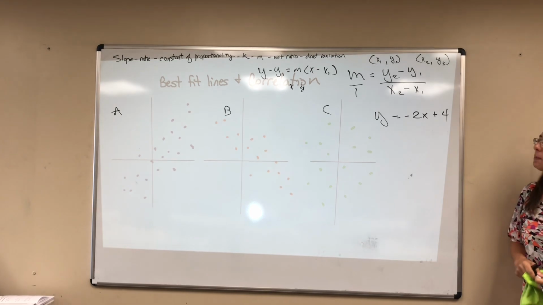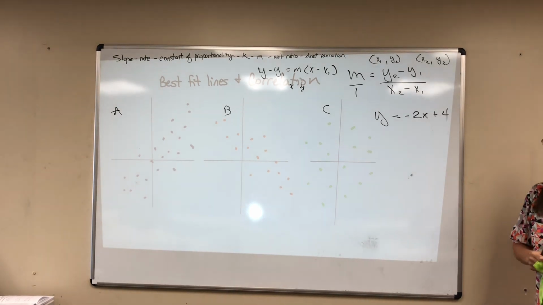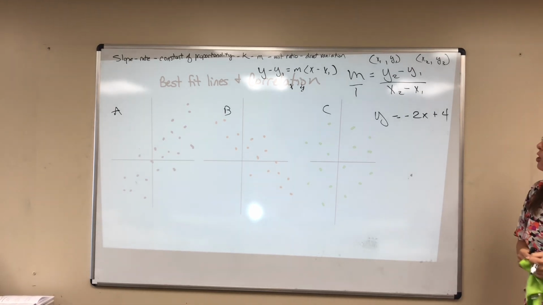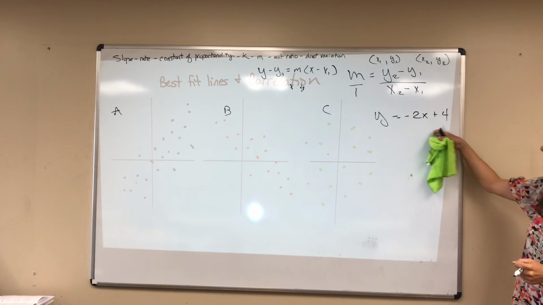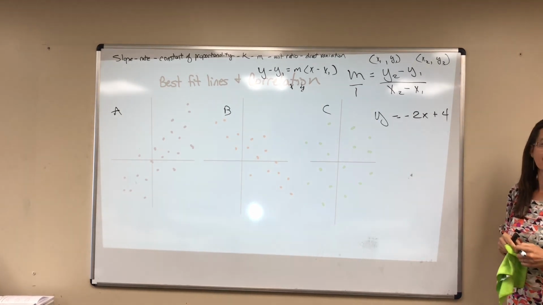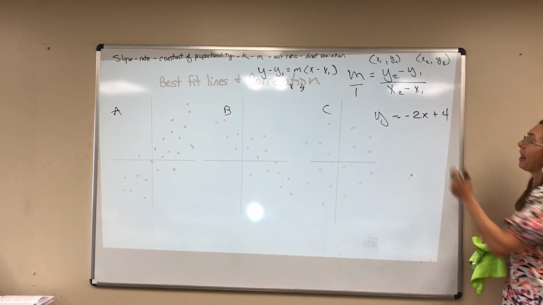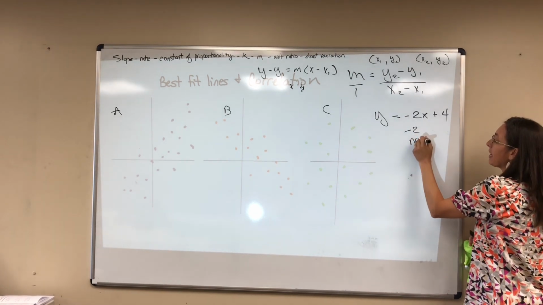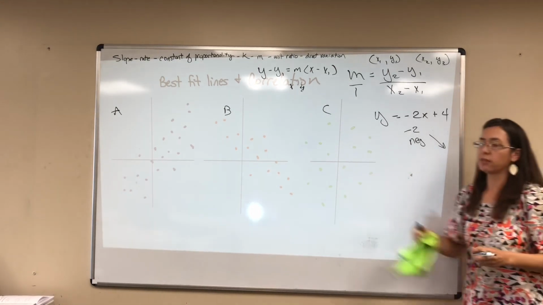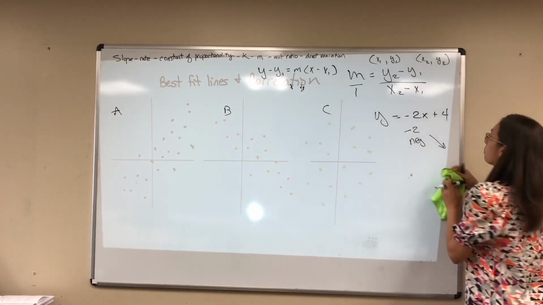Where would this line best fit? Would you say it would go with A, B, or C? Well, right away, we're going to look at it and say this line has a slope of what? -2. So it is negative. We know that line has to go that direction. So which of these graphs would it go with? B. It would go with B.